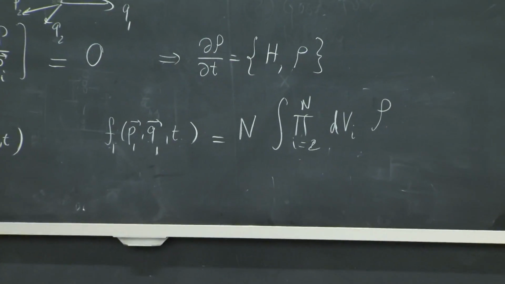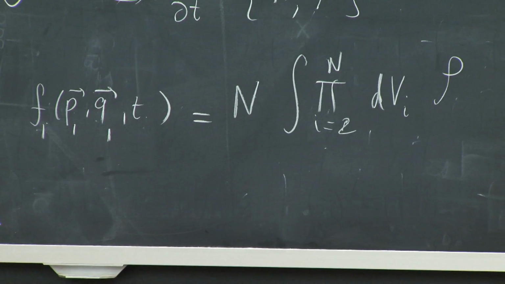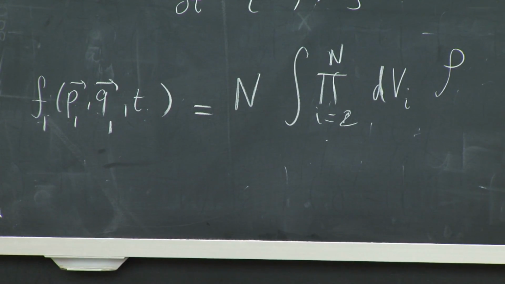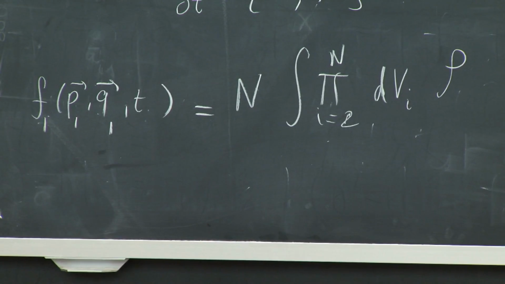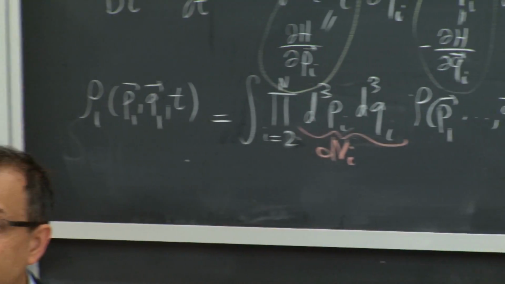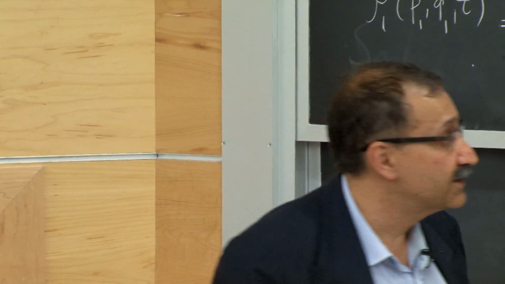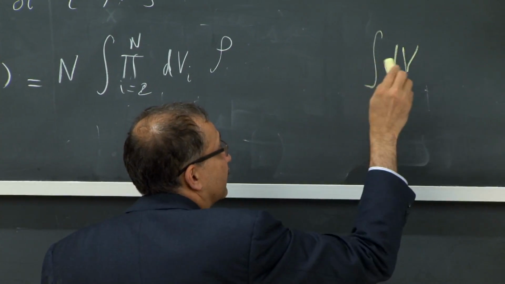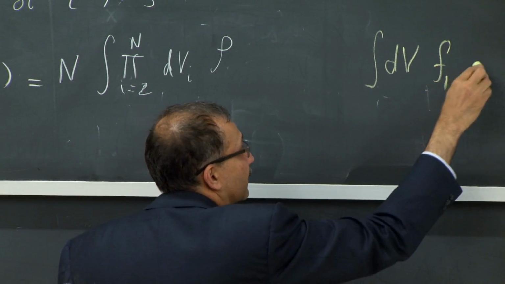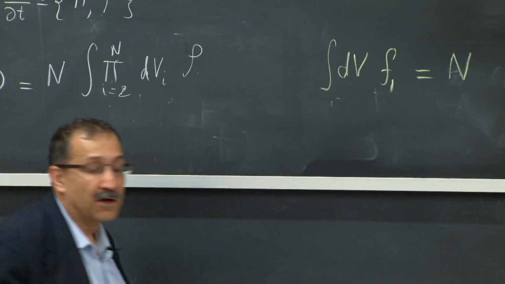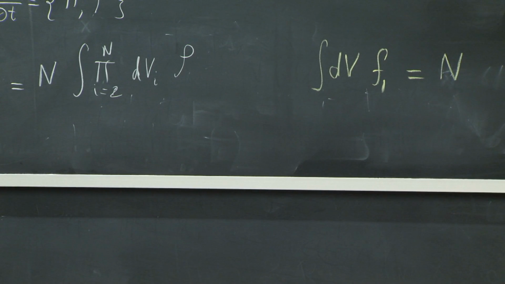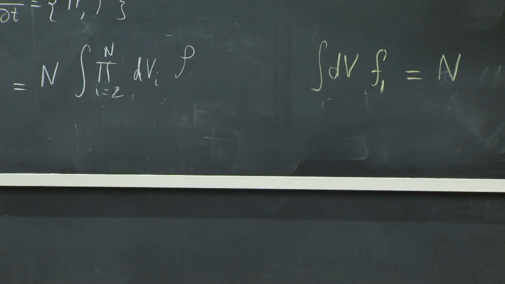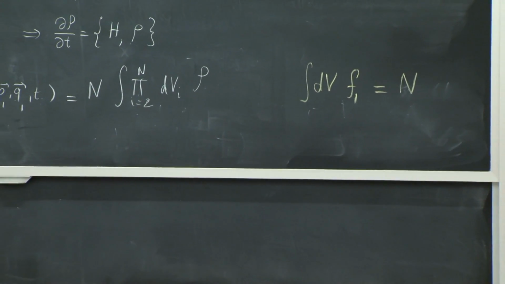Because typically you are used to calculating things in terms of a number density, like how many particles are within some small volume, so that when I integrate over the entire volume of F1, I would get the total number of particles, for example. So that's the kind of normalization that people have used for F.